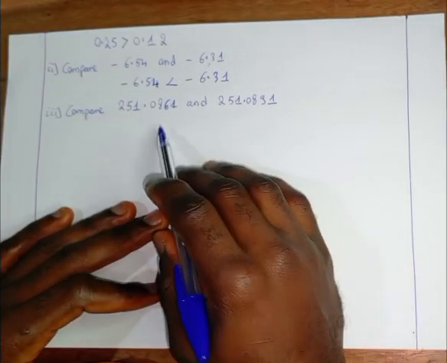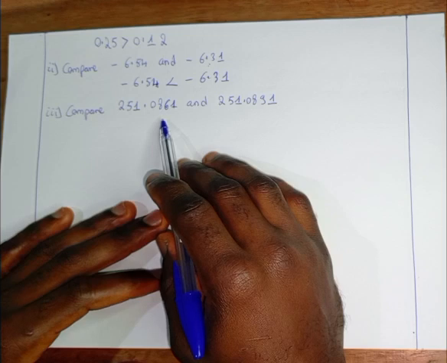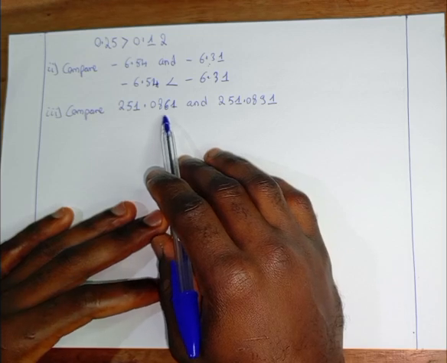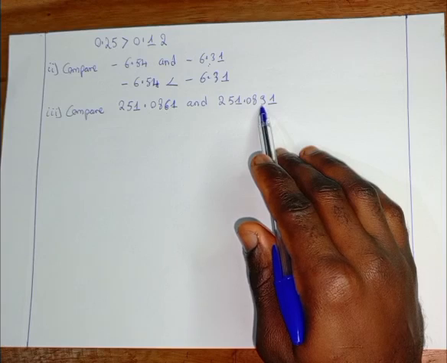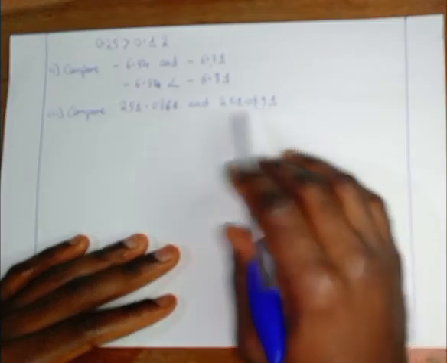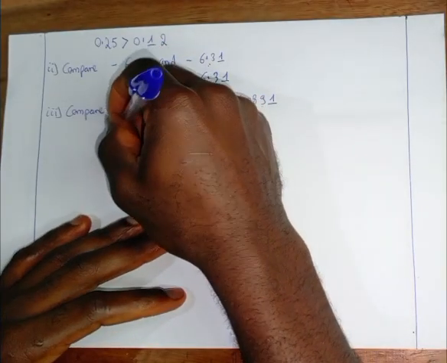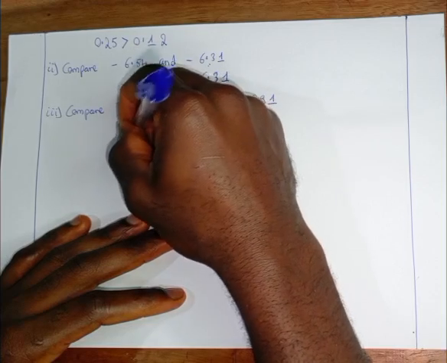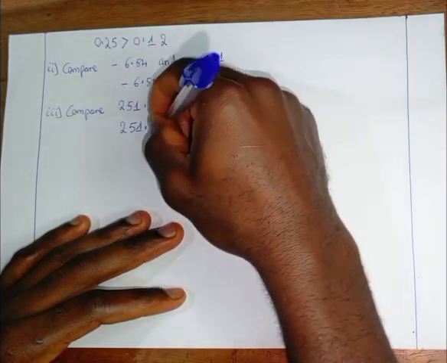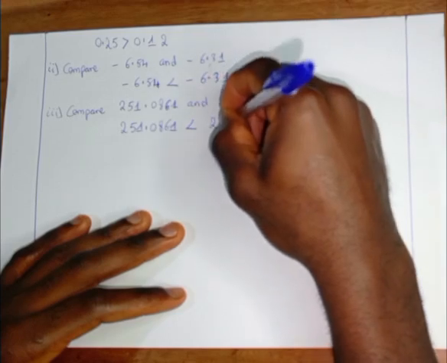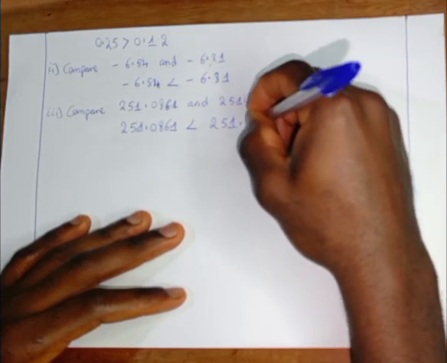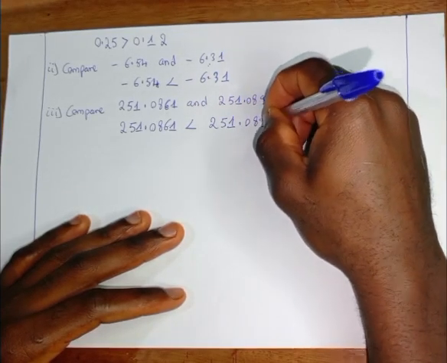So we are going to start by comparing their third digits after the decimal point. For the first one, we have 6. The second, we have 9. We know 6 is less than 9. Therefore, 251.0861 is less than 251.0891.